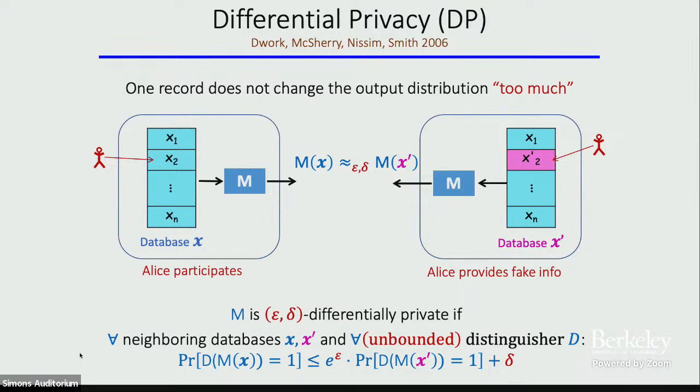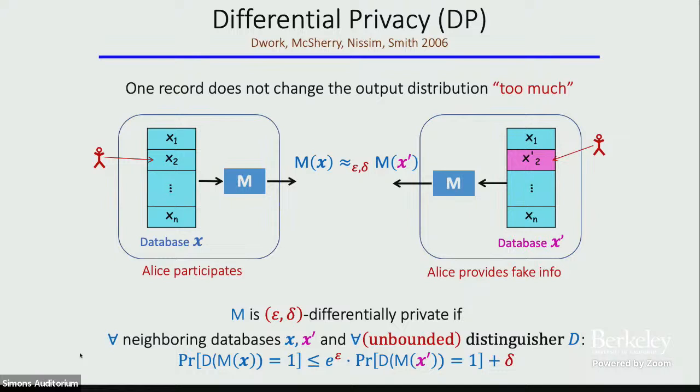This delta is usually very small, like negligible or one over a large polynomial. So in this talk, we will think about this delta as 0, and epsilon is some small constant. So e to the epsilon is actually 1 plus epsilon.